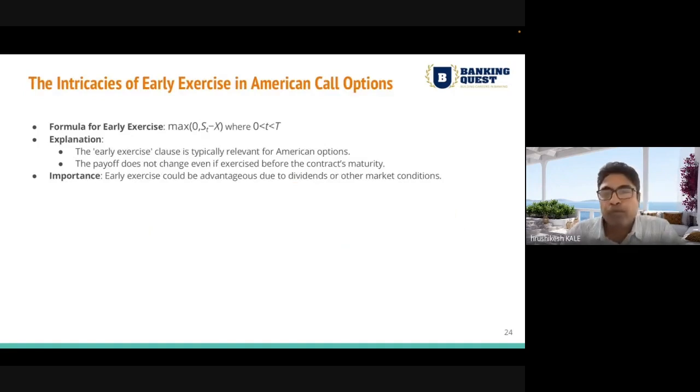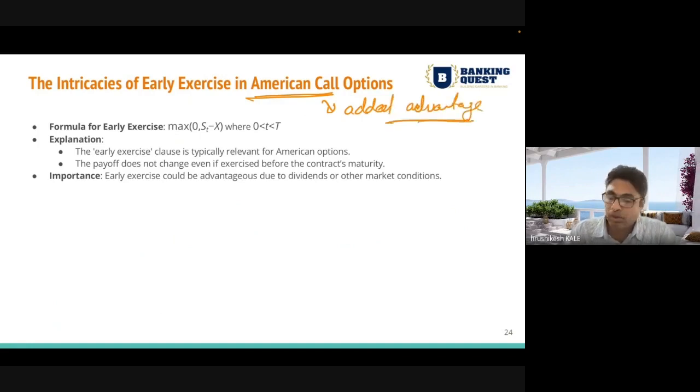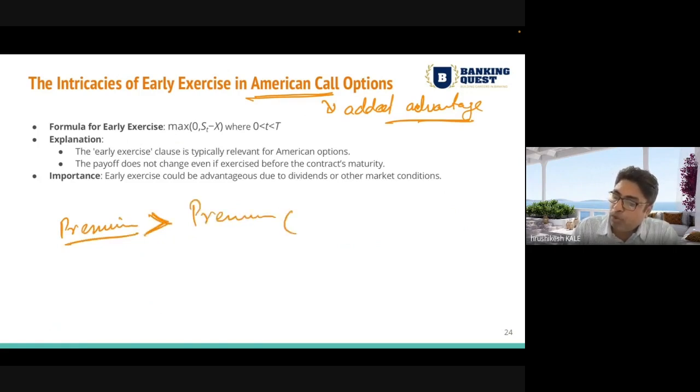Now, when you have an American call option, then you can exercise it anytime. So you have an added advantage. If you have an added advantage, your premium must be greater than or equal to the premium of European options.